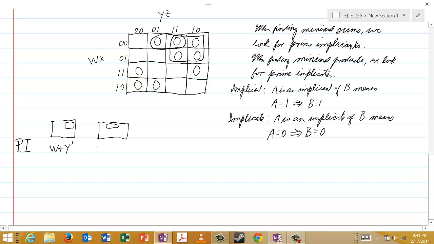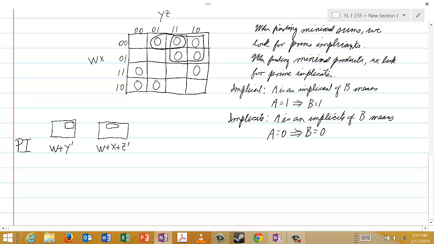So we'll have W or X. Now Y is changing because Y is equal to 0 in this cell and Y is equal to 1 in this cell, so Y does not appear in the name. Z is equal to 1 in both cells, and so we have or Z prime. And that takes care of that prime implicate.